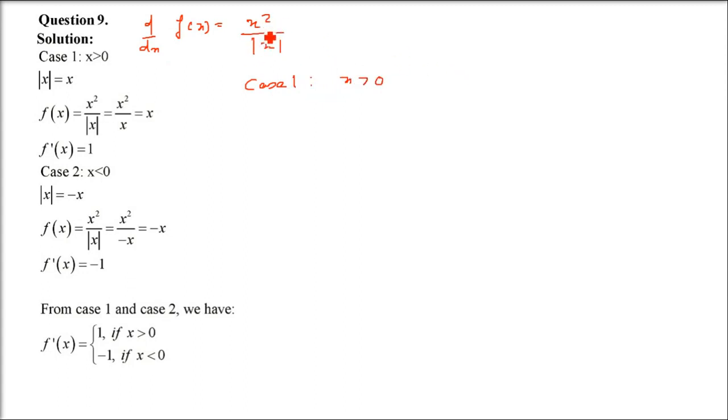Okay, so we are taking case 1. x can never be 0, but x can be greater than 0. So mod x will be plus x. And x less than 0, so x square by negative x, minus x. So I just change the sign, so this is positive x, and this is negative. So you have x and negative x.